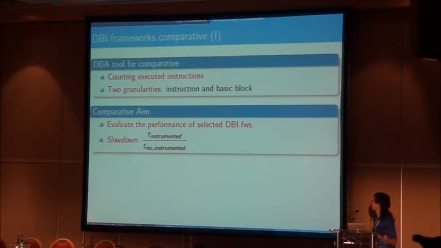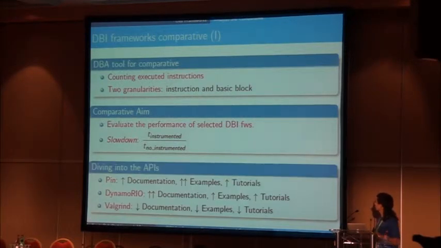So just for commenting, while we were developing this, we have dived into the functions of each one of these DBI frameworks, and Pin has very good examples, DynamoRIO has very good documentation, and Valgrind, okay, is the loser here, but it's not a bad tool.